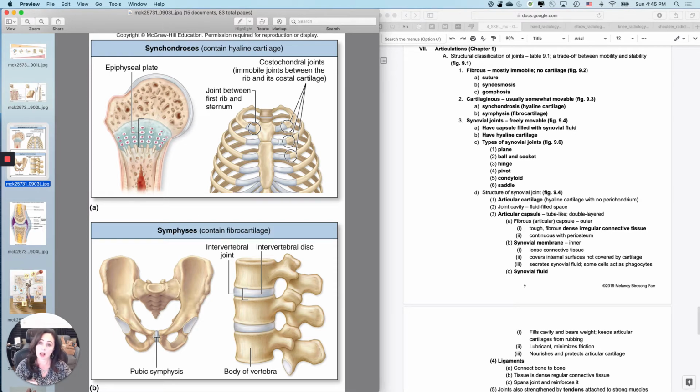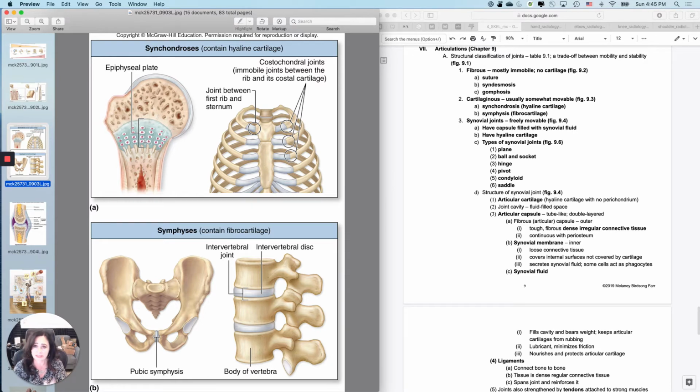The costal cartilages that connect your ribs to your sternum go bone, hyaline cartilage, bone. So they're a synchondrosis. Actually, technically, your epiphyseal plate is a synchondrosis as well because it goes bone, hyaline cartilage, bone. It's a little wigglier at that point, not super wiggly. Definitely, these are wigglier than your fibrous joints.